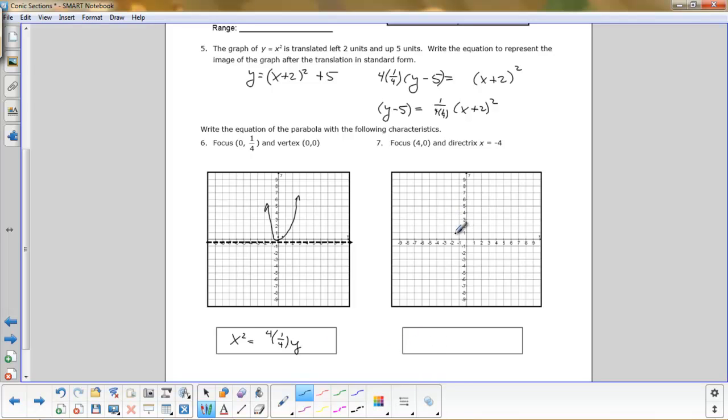Here I'm going to go ahead and graph my focus at 4, 0, graph my directrix at x equals negative 4 here, and then I'll put my vertex directly in between at the origin. My reference points will be way up here at 8, that's 2p, and way down here at negative 8, 2p units away.